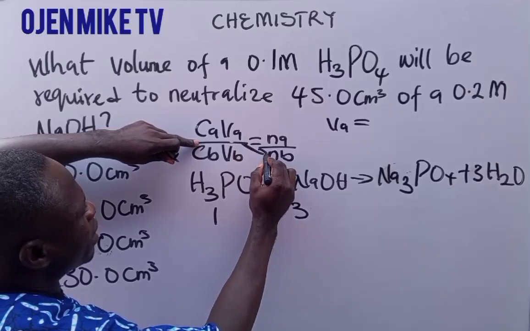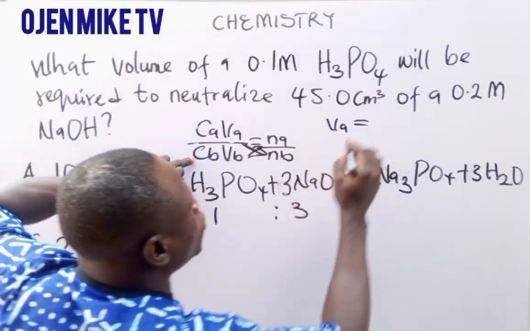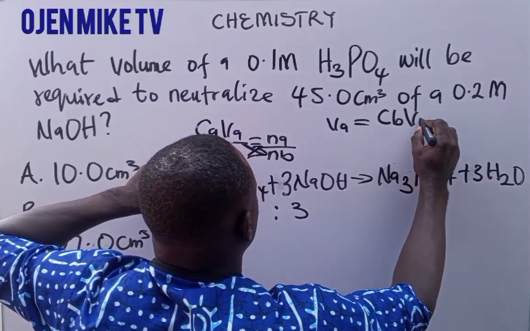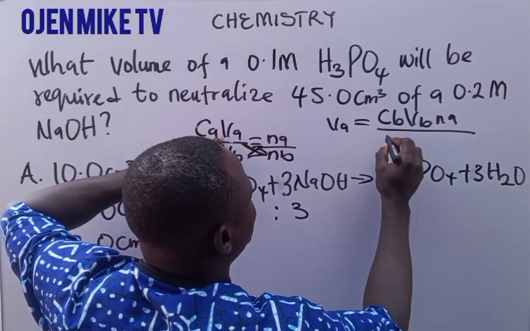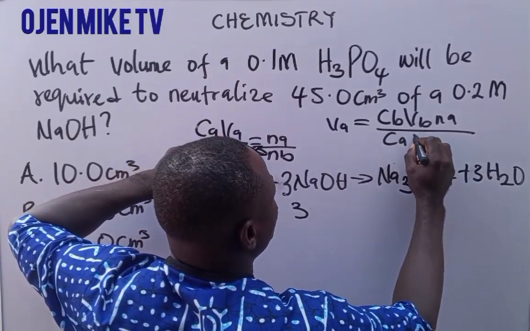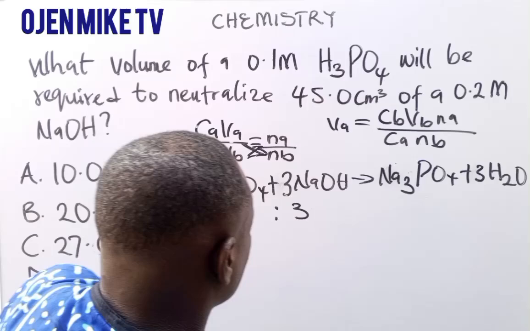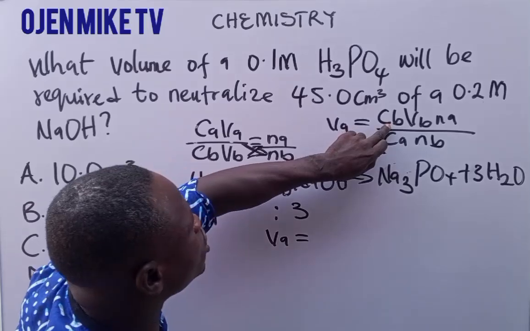You cross multiply, so the one with the higher parameter will go up. So VA is equal to CB VB NA over CA NB. What is your concentration of base?